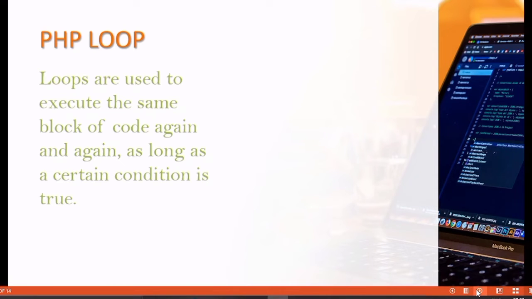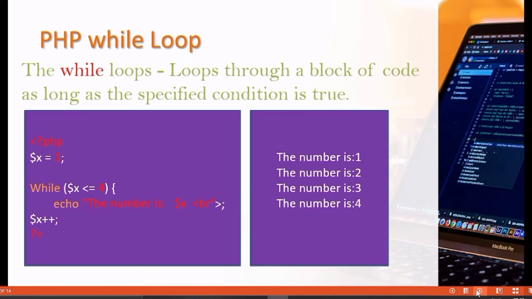Next, the PHP loops. Loops are used to execute the same block of code again and again as long as a certain condition is true. The while loop goes through a block of code as long as the specified condition is true. The syntax is: while condition is true, code to be executed.